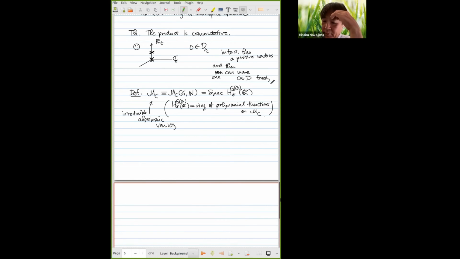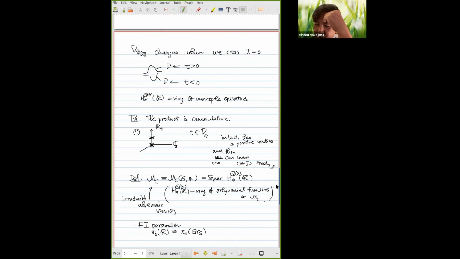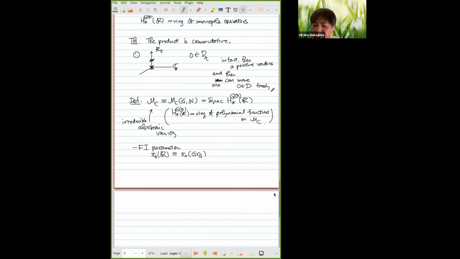Then I want to explain the FI parameters and mass parameters in this definition. Consider the connected components of the space R. These are isomorphic to connected components of the affine Grassmannian, because adding the section just adds a vector space, which plays no role.